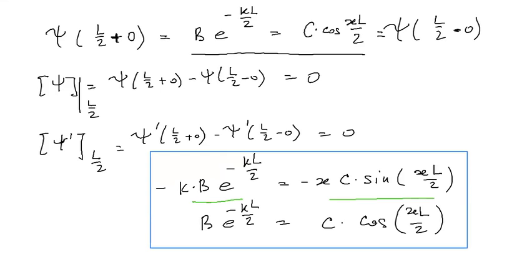So minus K, is it minus K? Because B cancels out, this guy cancels out, so minus K equals minus kappa tangent, and then you have something like kappa L over 2.